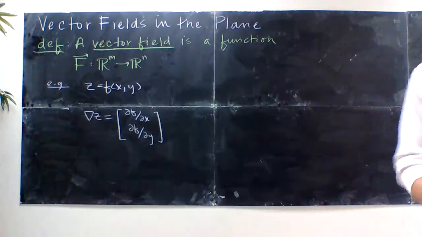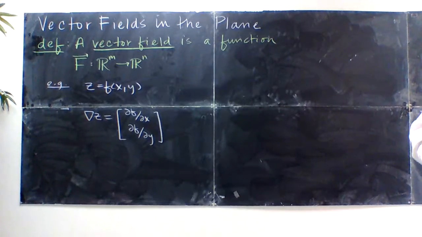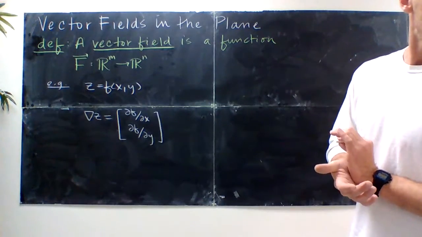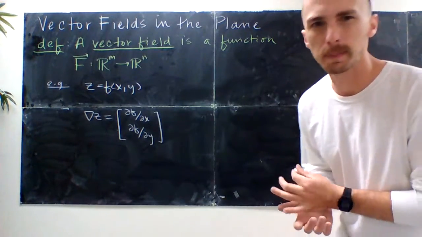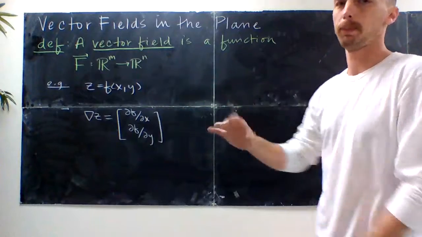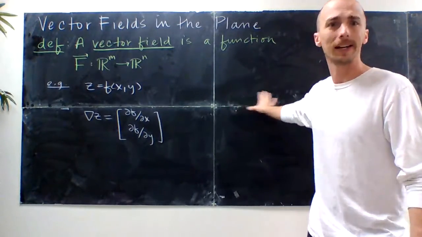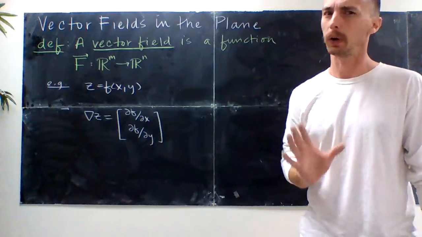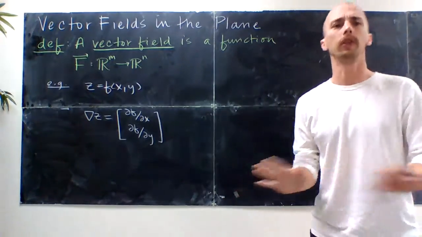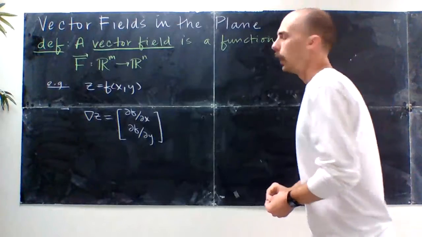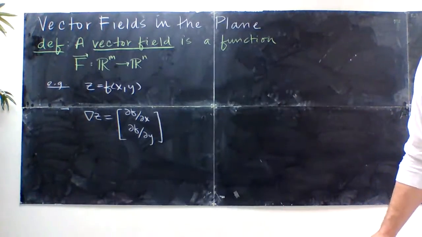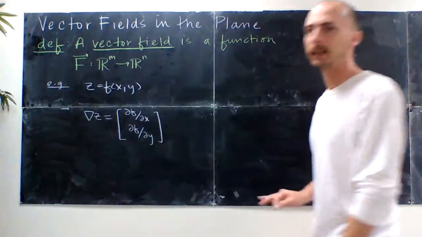Now I'm going to point you towards a different example that I'm going to plot or write down, and then I might pause the recording so I can draw a pretty good picture of it, because I don't want to draw it the wrong way. I want it to drive the next discussion. So I'm talking about g of x and y equal to y and negative x.